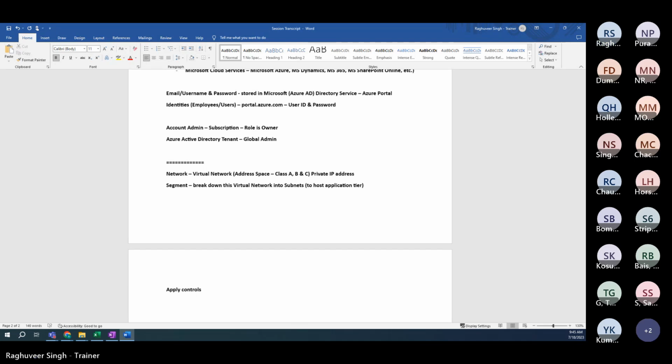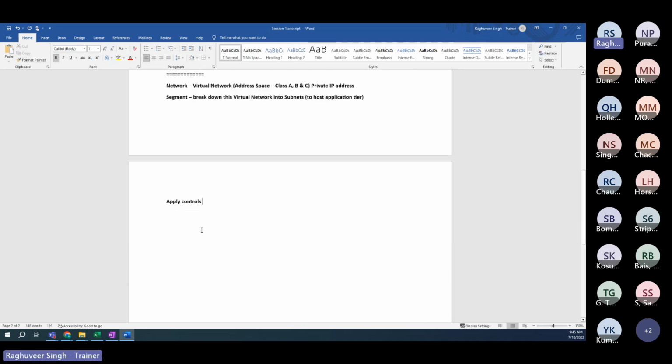controls. Similarly, in on-premises networking, if you have experience with on-premises networking, you have a LAN, which is local area network, a big address space that you break down into multiple VLANs, and then you allocate those VLANs to specific departments, and you apply access control lists, which is ACL, to control the traffic that goes in and comes out of the VLAN.